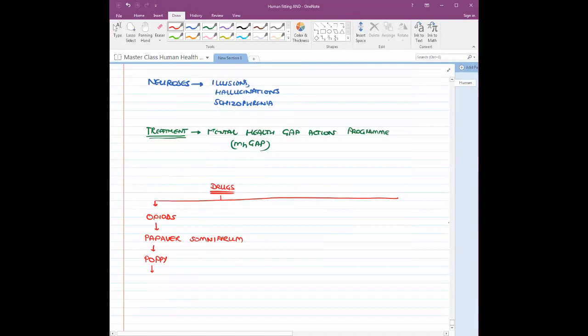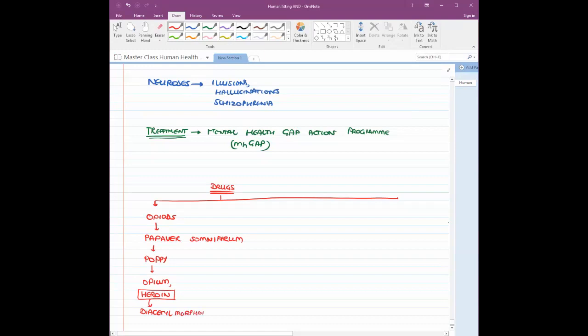So, guys, this poppy plant is going to give us opium, or we also call this heroin. So we get heroin from here. Normally this heroin, what is it chemically? This is diacetyl morphine.